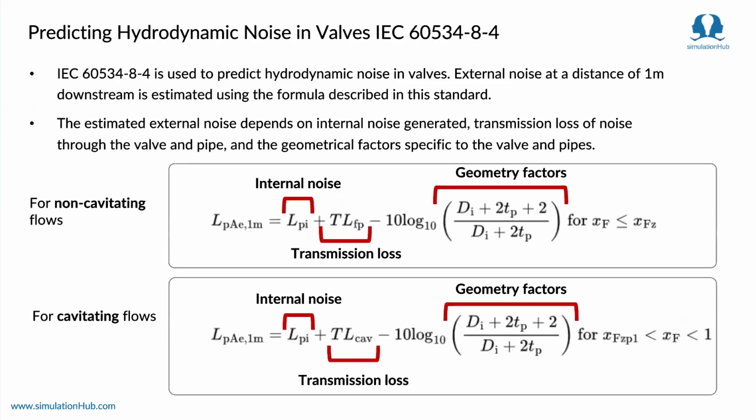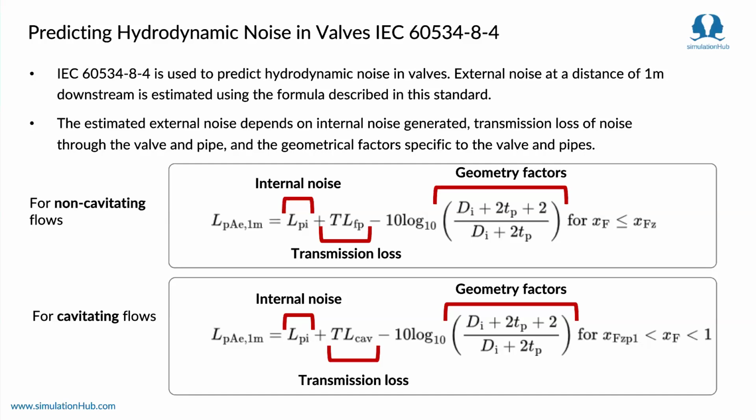Similarly, the IEC standards also came up with equations to predict hydrodynamic noise, again in both non-cavitating and cavitating regimes. Both of these standards predict external hydrodynamic noise, meaning the noise that is propagated through the valve body and through the pipes. So it's dependent on the internal noise.